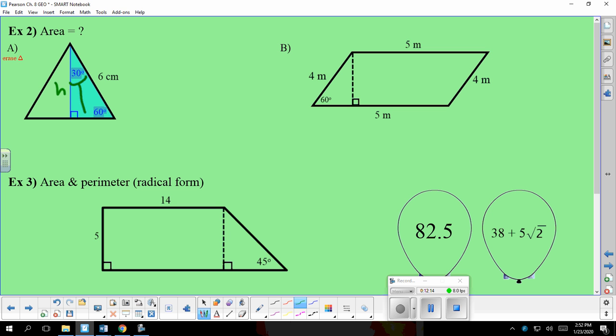There's my short leg. There's my hypotenuse. There's my long leg. So if this is equilateral, I want to use 1/2 base times height. I know the base is going to be 6 since all the sides are the same. So now I want to figure out what that height is. So if I have the hypotenuse, half the hypotenuse, 3, and that height is 3 square root 3.